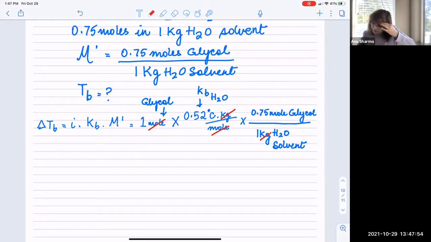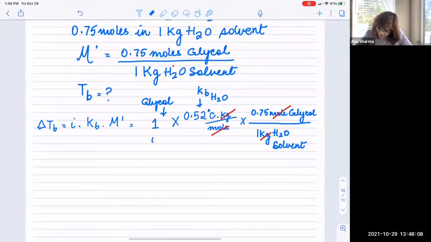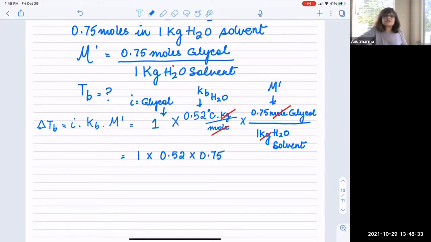You don't have to necessarily write it as mole, but that is what it means. That's the value of i, so i is 1, and this is the value of molality. So now we have 1 times 0.52 times 0.75. And so what do we get here?